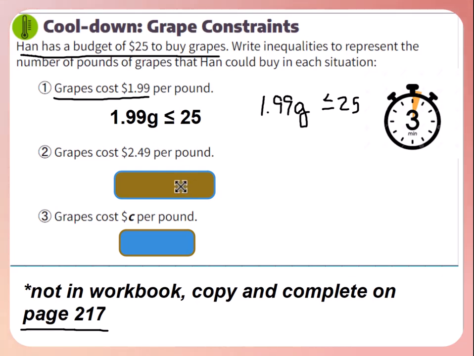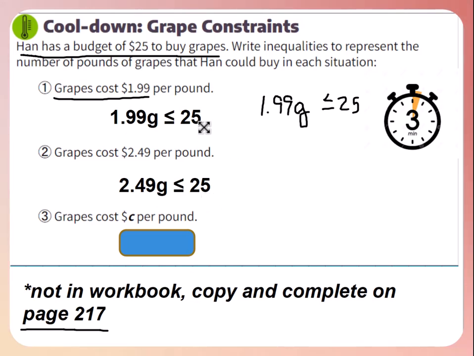All right, the next one, $2.49 per pound. So you're going to multiply $2.49 times the number of pounds of grapes. I'm going to use G for my variable for the number of pounds of grapes. So that's going to be $2.49 times G has to be less than or equal to 25.